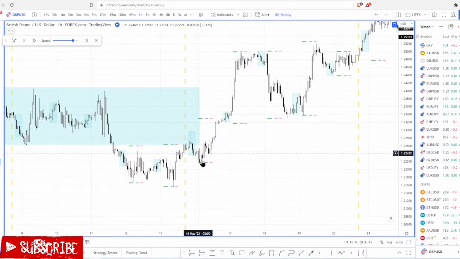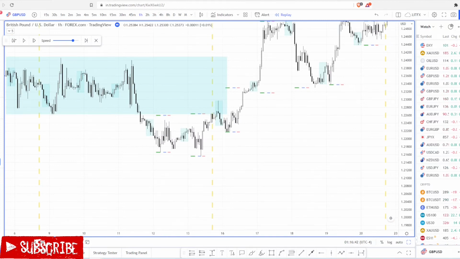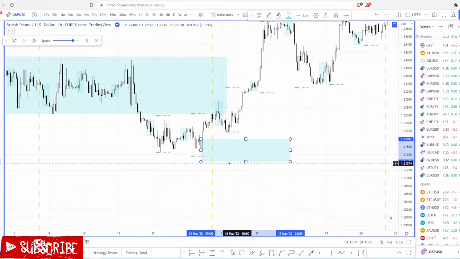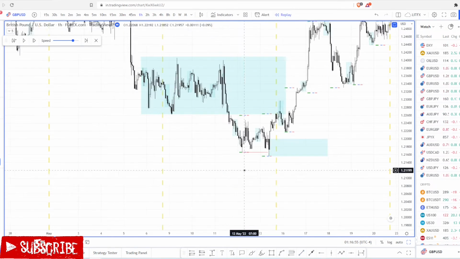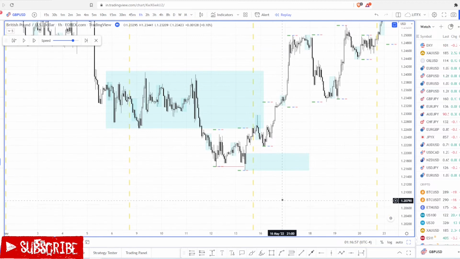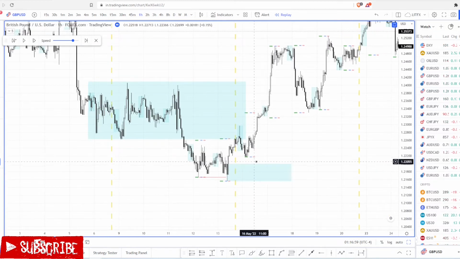but it reversed. I was expecting it to reverse at this particular order block here. Here was my point of interest on the 1 hour, because you can see it did a stop hunt at this particular point, which is very good, but it didn't get there.